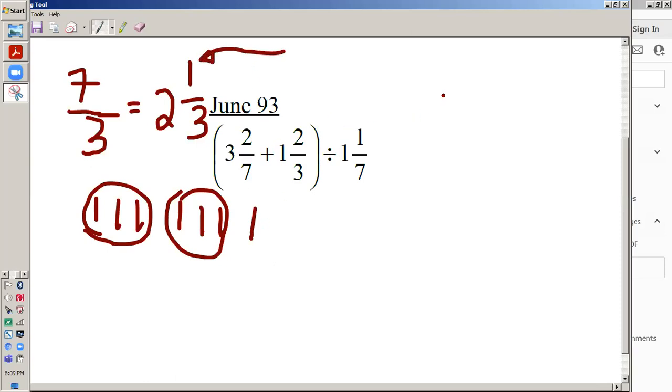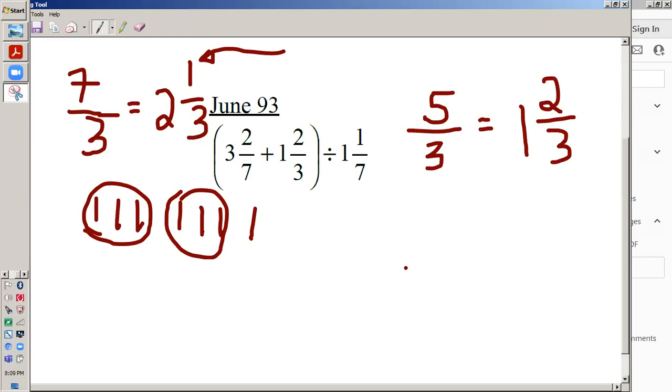Okay. So if I have 5/3, what would 5/3 be as a mixed fraction? 1 and 2/3. 1 and 2/3. All right.